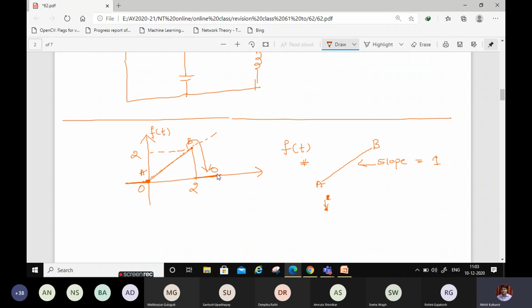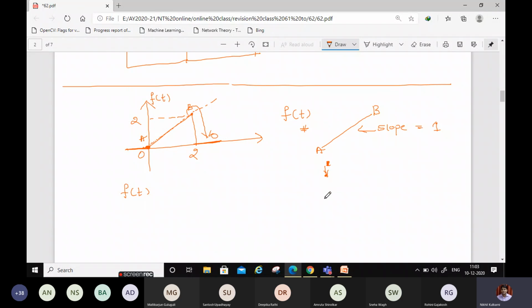So how to solve it? A to B slope is 1. So f of t equation, you have to split it: A to B is what? Then plus or minus B to C is what?